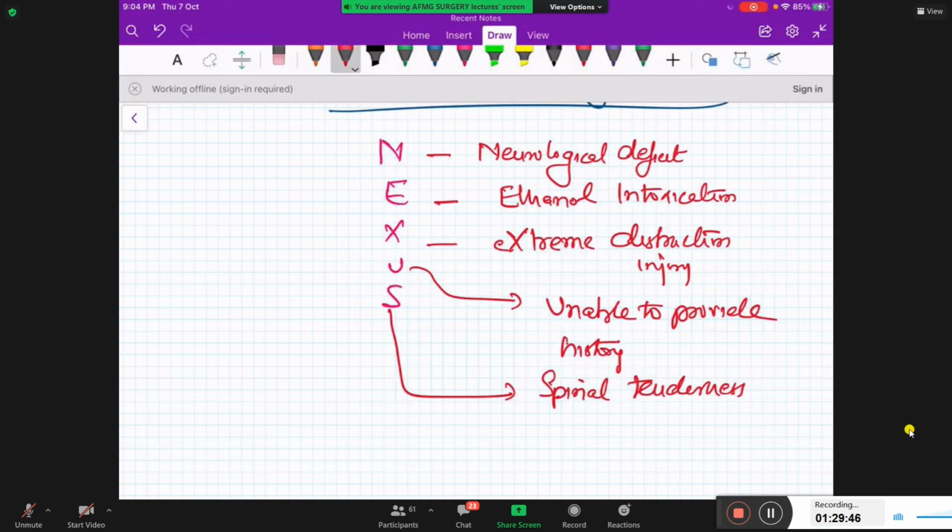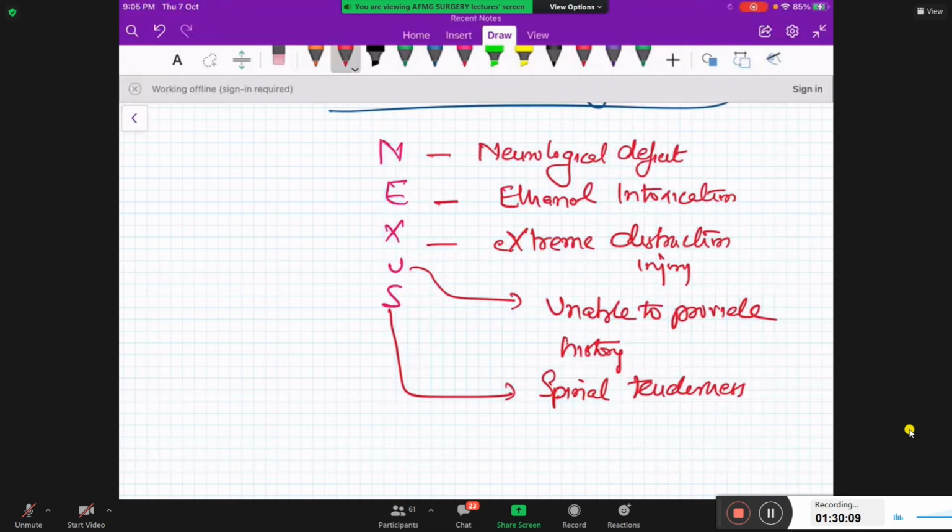U stands for unable to provide history. And S stands for spinal tenderness. On the basis of this criteria, we will decide whether the patient's cervical collar should be removed or should stay.